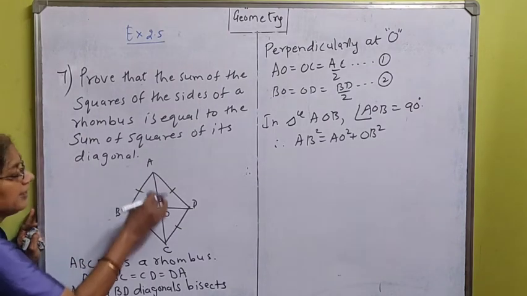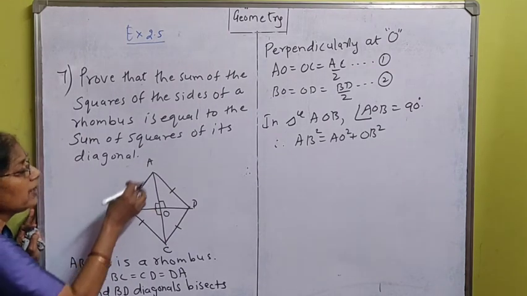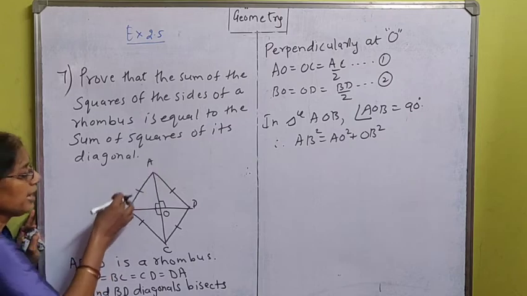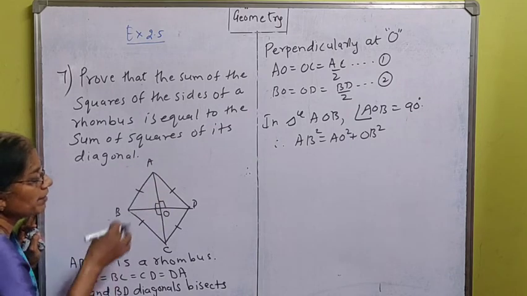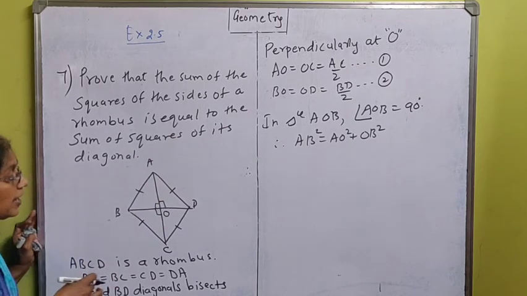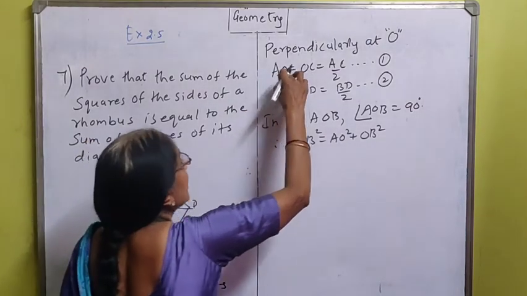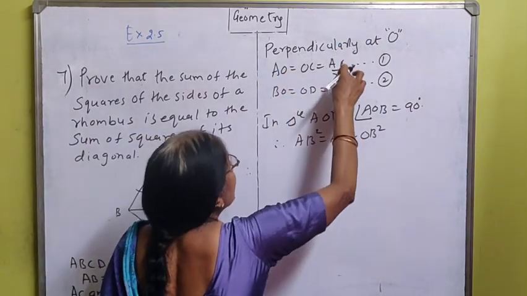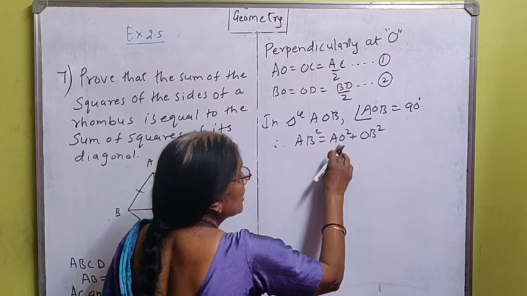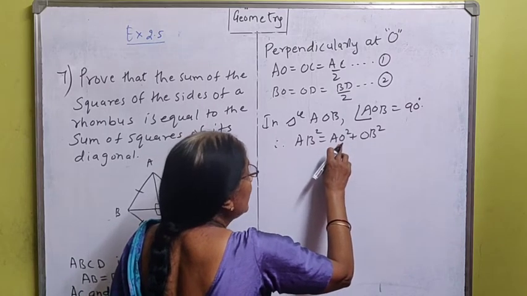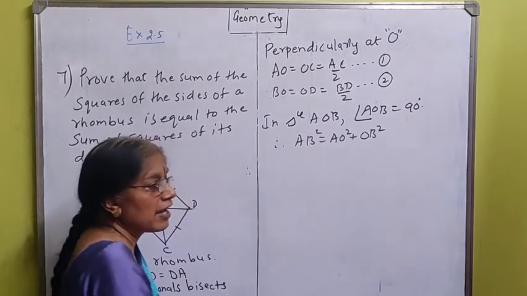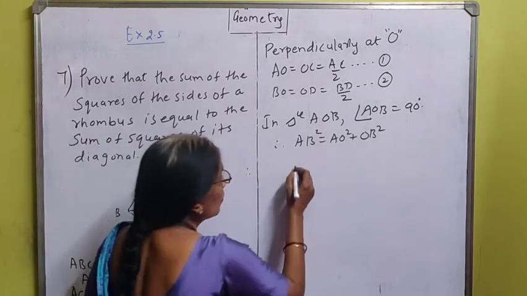Once again you see, this is right angle triangle AOB. AB is a hypotenuse. So AB square is equal to AO square plus OB square. Okay, now look here. What is AO? I have taken as AC by 2. So in place of AO, I can write AC by 2. AO square will become AC by 2 the whole square.